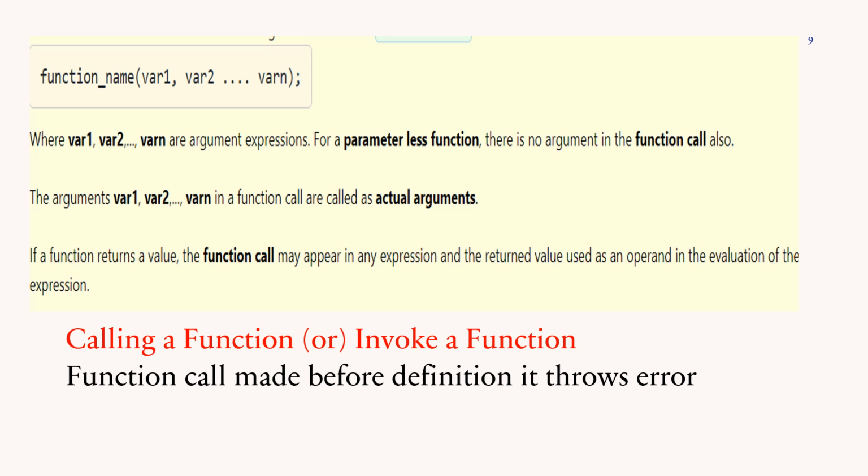The arguments, this variable 1 and variable 2, they are called the actual arguments. So what are actual arguments? They are the variables that are transferred to the function when it is needed. If the function returns a value, the function call may appear in any expression, and the return value is used as an operand in the evaluation of the expression.